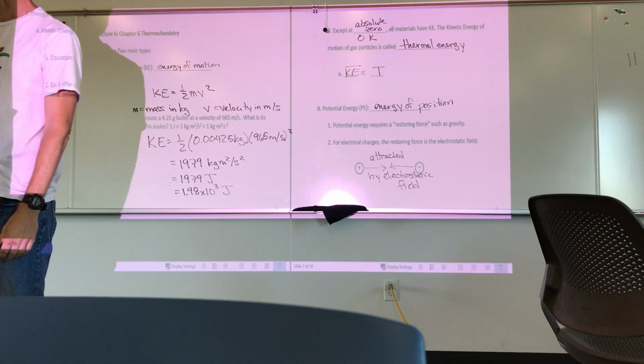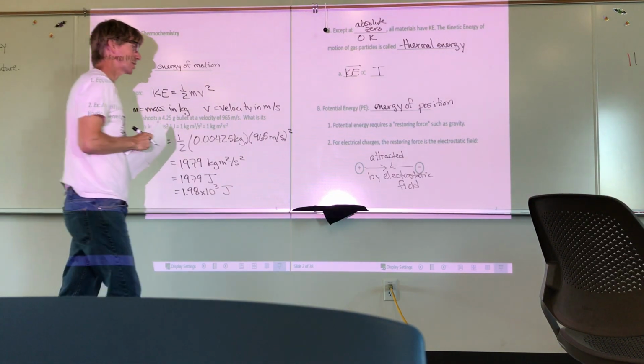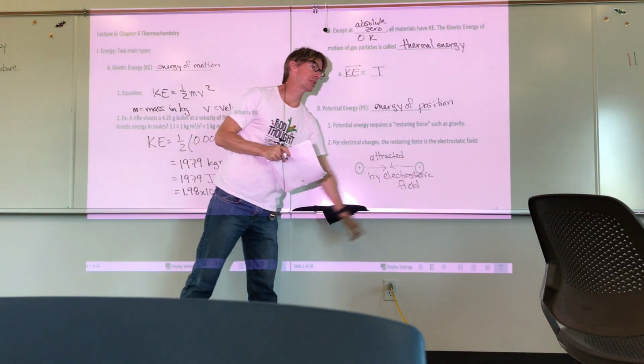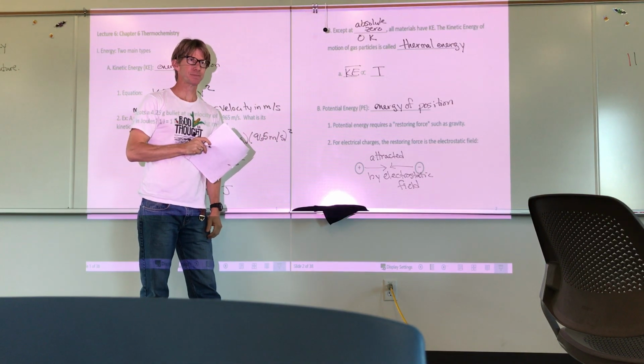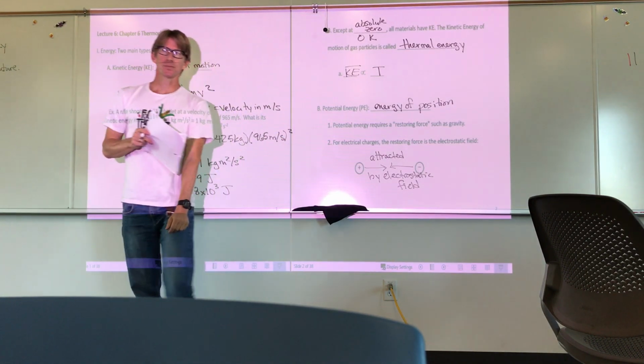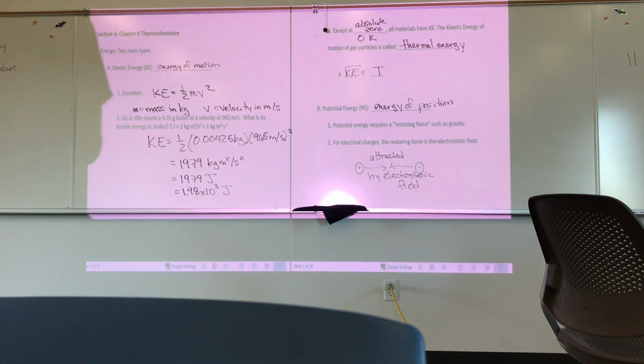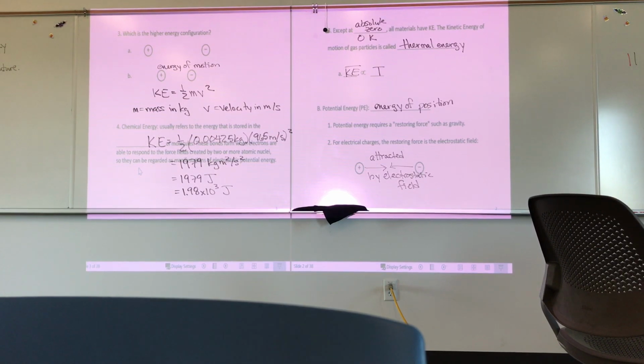But all we have to know is a few simple things, one of which is that positive and negative charges are attracted to each other. We're going to do a little bit more with that on the next slide.